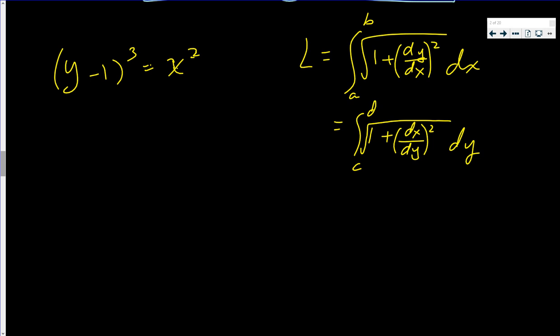So the question is, is it easier to solve for x or is it easier to solve for y in this case?